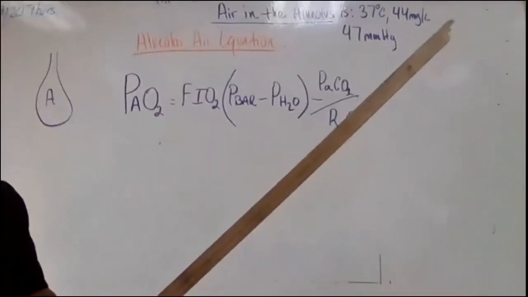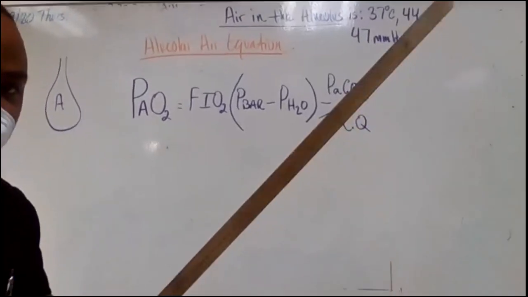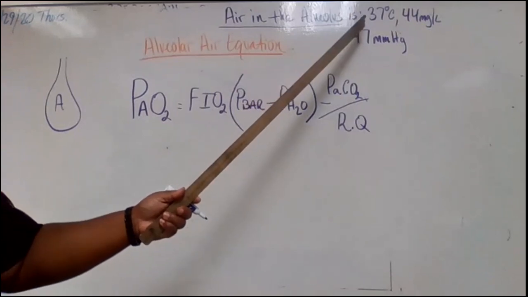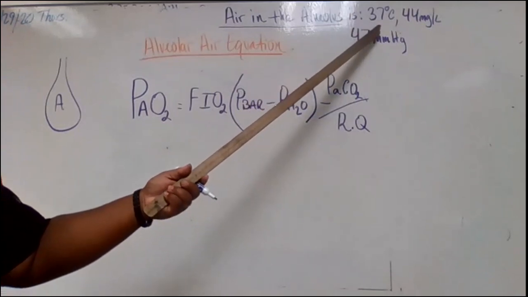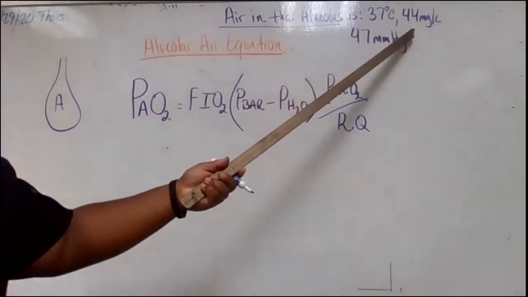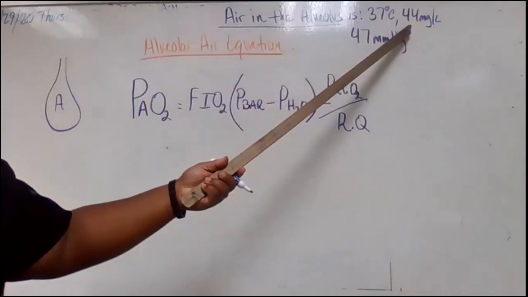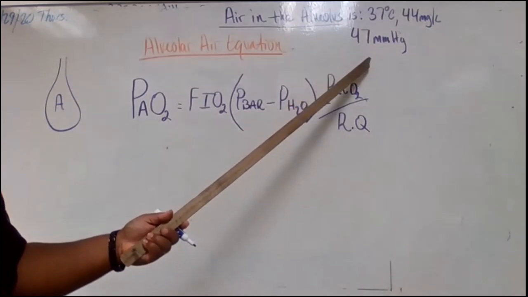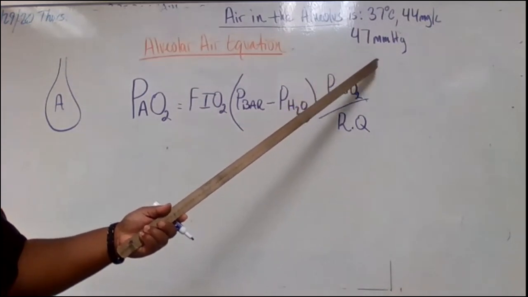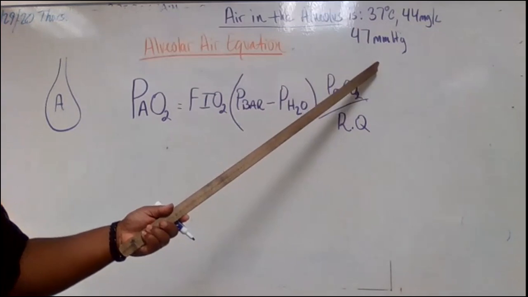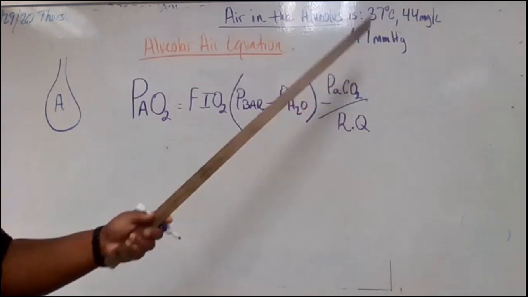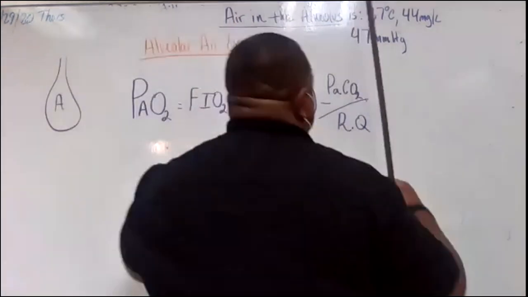Let's hope everybody can see it. The air in the alveoli, by the time it gets there, should be 37 degrees Celsius. It is saturated with 44 milligrams of water vapor, and it exerts a pressure of 47 millimeters of mercury. Let me specify that.